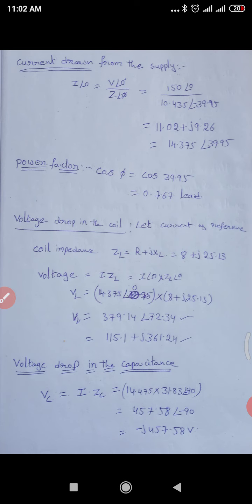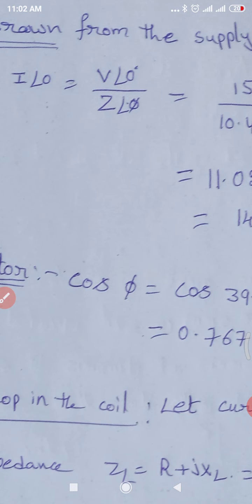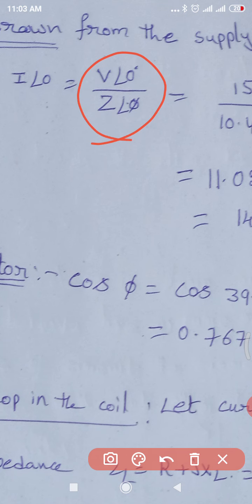Coil means combination of R and L. So let us find out the current drawn from the supply. The general formula for current is I equal to V by Z. Here V is given as 150 volts.